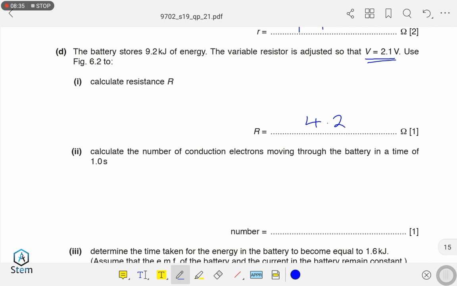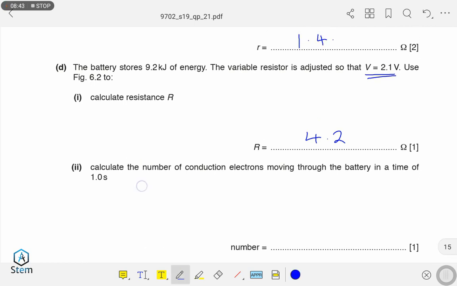Okay, so we know that electric current is equal to charge passing through a point divided by the time for the charge to pass through that point. Now this Q is actually equal to the number of charge carriers multiplied by the charge on each carrier.